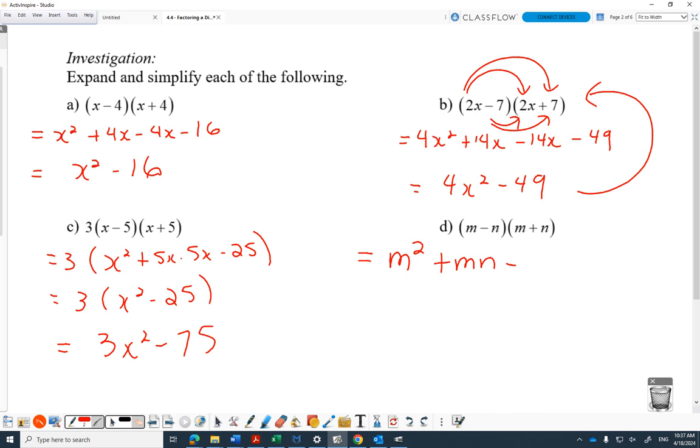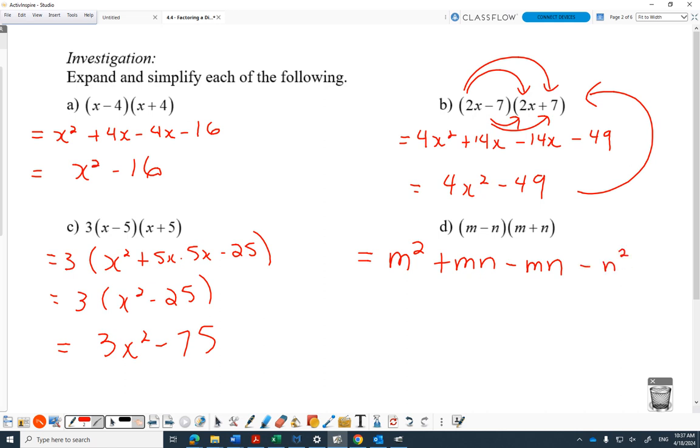But mathematicians sort of agree, if we've got a bunch of variables together, let's put them in alphabetical order, so that we all write it the same, and like terms will match up. So my suggestion is get used to writing them in alphabetical order. Instead of writing nm, write mn. And then I get minus n squared.